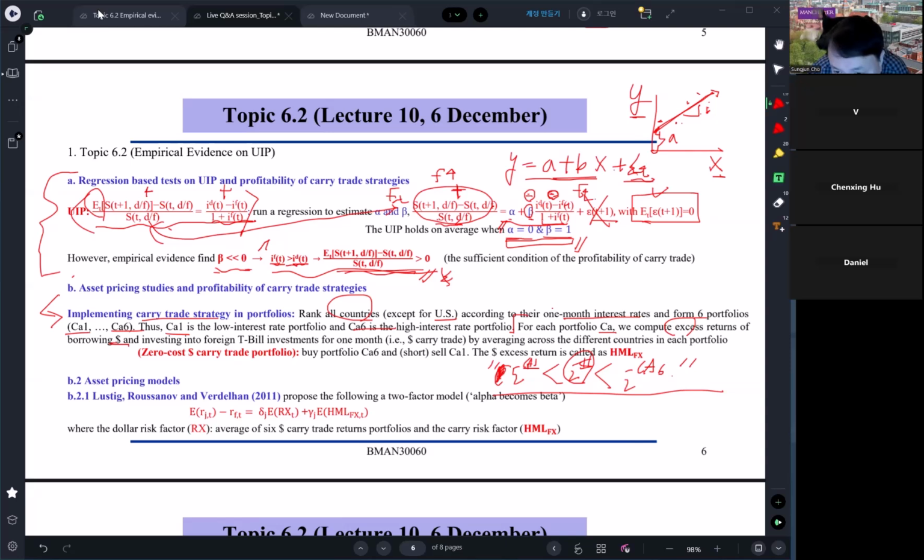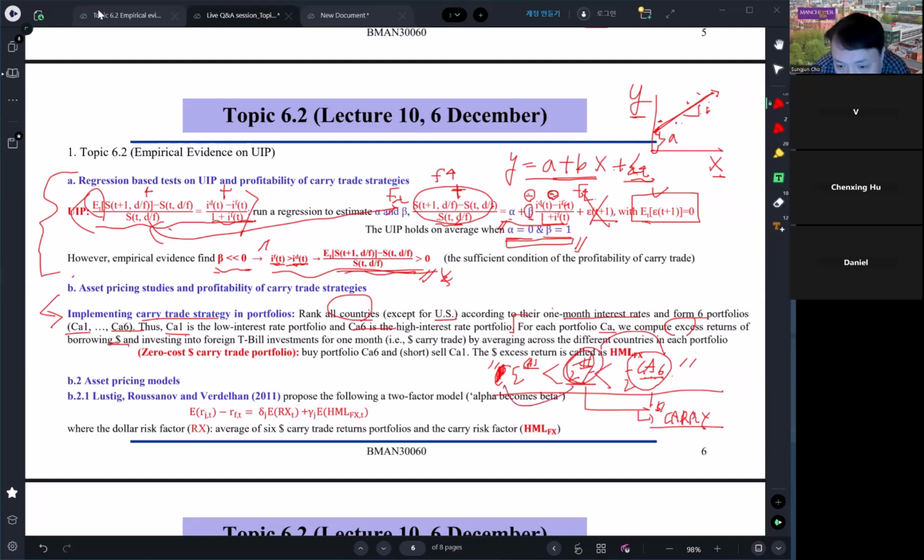Then if you borrow dollar and invest into country in the CA6, that's indeed carry trade, dollar carry trade, because you borrow low interest rate currency and invest into high interest rate currency, right? So borrowing this one, investing into this one is a carry trade.